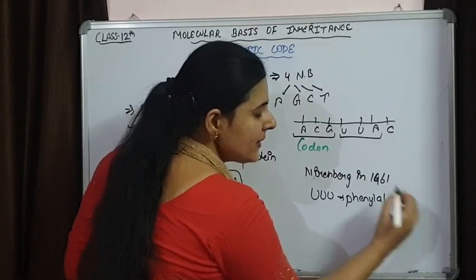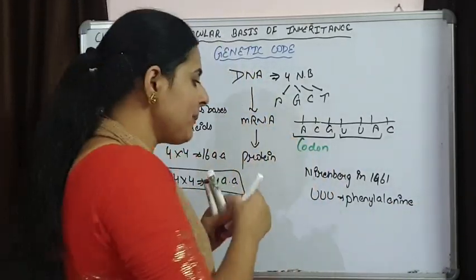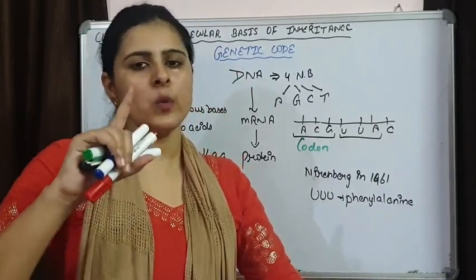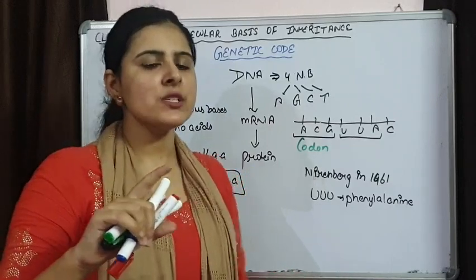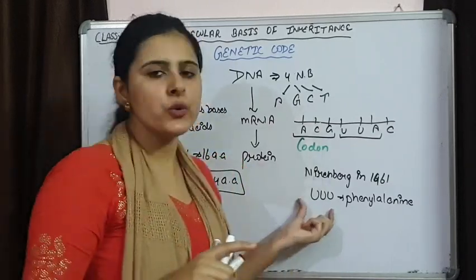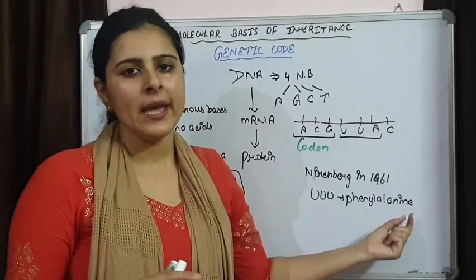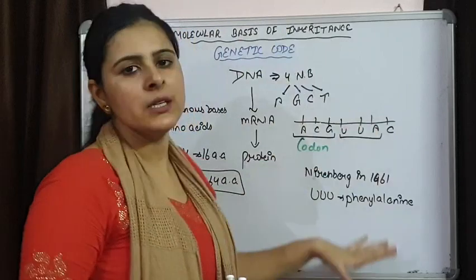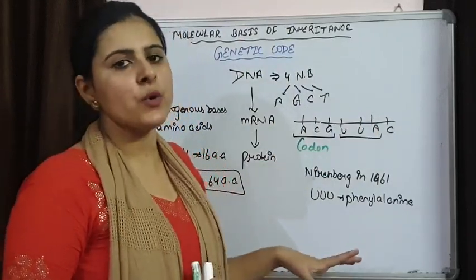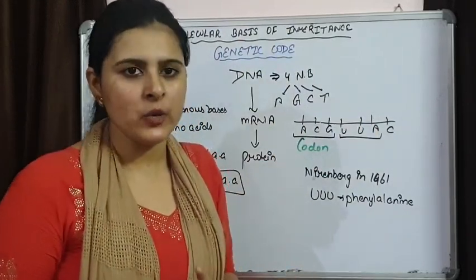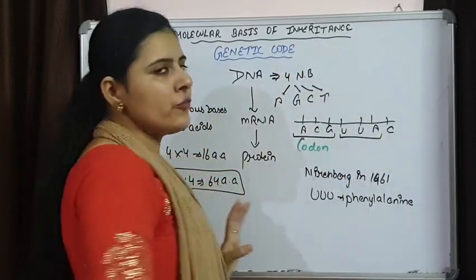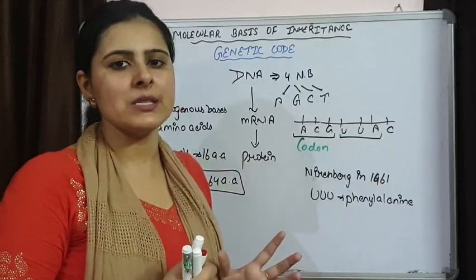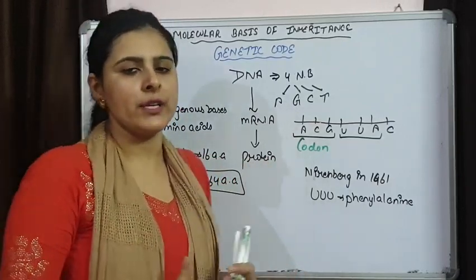So they experimentally proved that the triplet code is responsible for coding one single amino acid, and the first codon they found was UUU, coding for phenylalanine. By their experiments they were able to find other codons also that code for different amino acids. So let me show you the tabular form, showing how many codons there are and for which different amino acids these codons are coding.